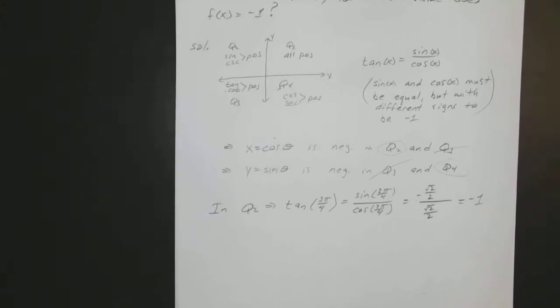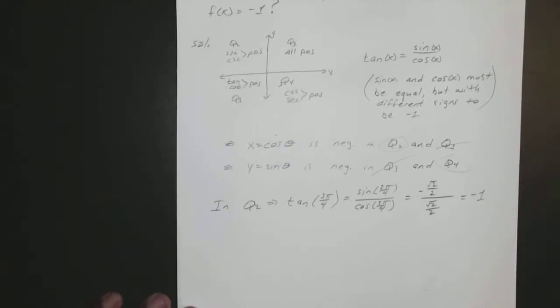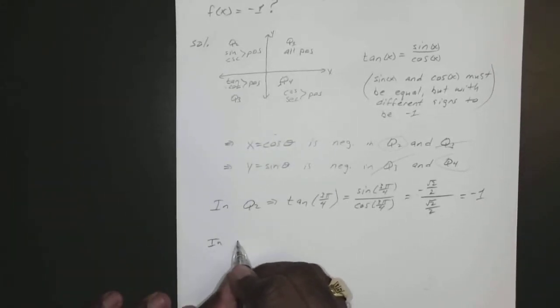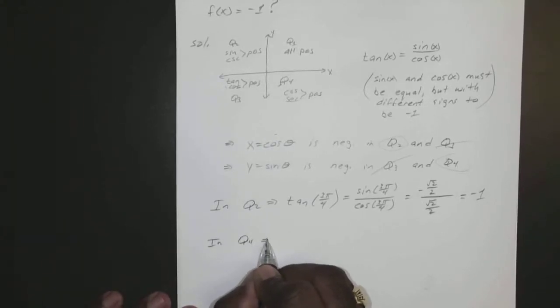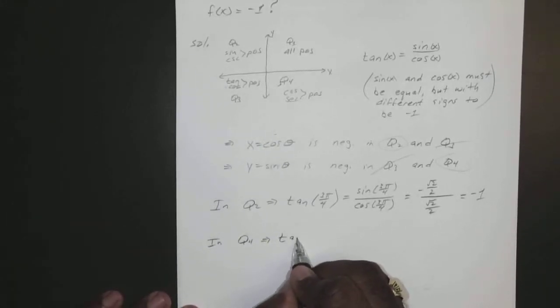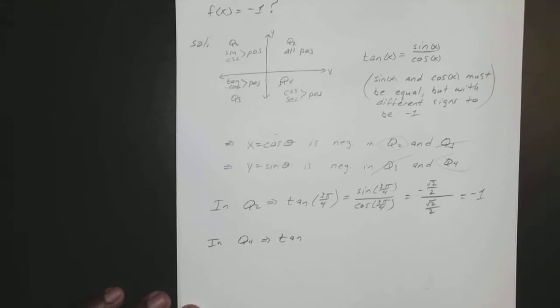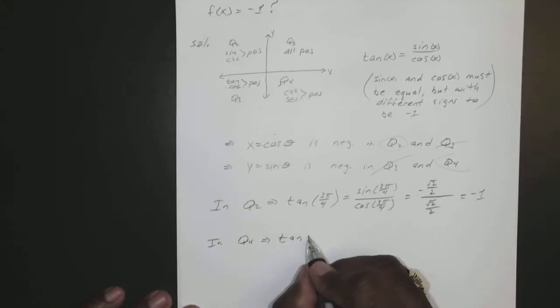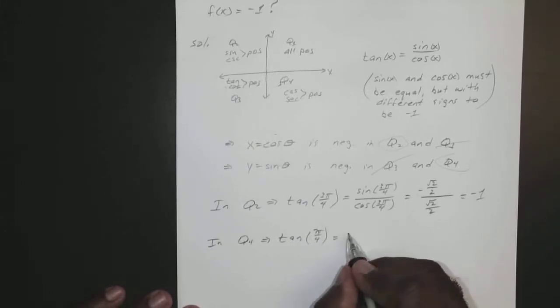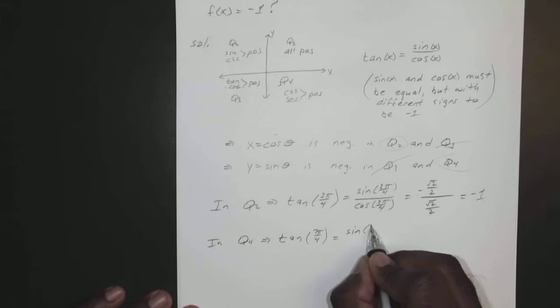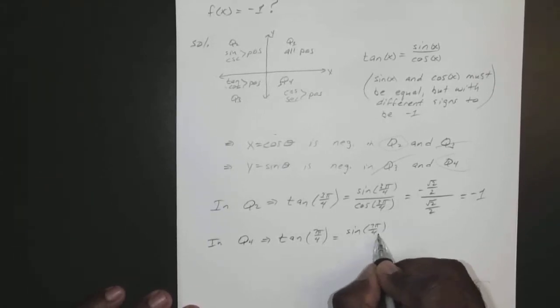So now we do the same thing, but in quadrant 4. Now in quadrant 4, you now have tangent of 7 pi over 4. That will have them both equal, but with different signs. Which is going to equal sine of 7 pi over 4 divided by cosine of 7 pi over 4.